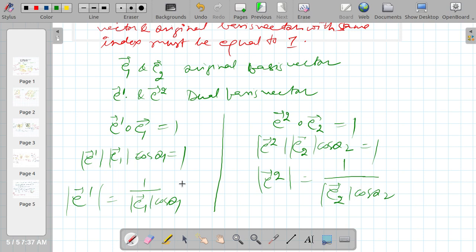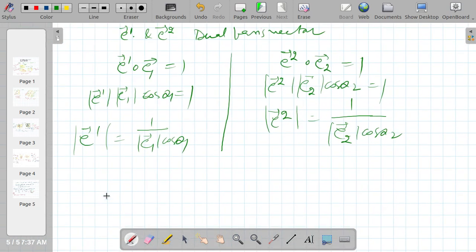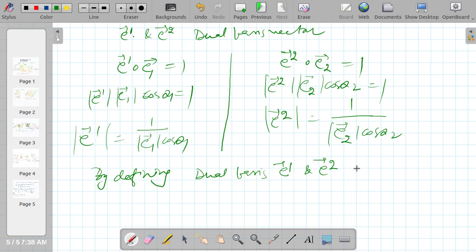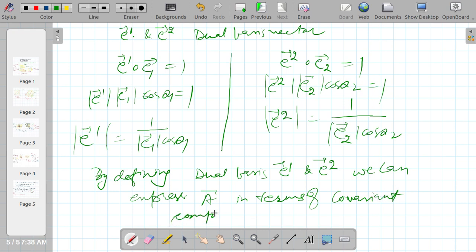So by defining the dual basis E1 and E2, we can express A in terms of covariant components AX and AY.